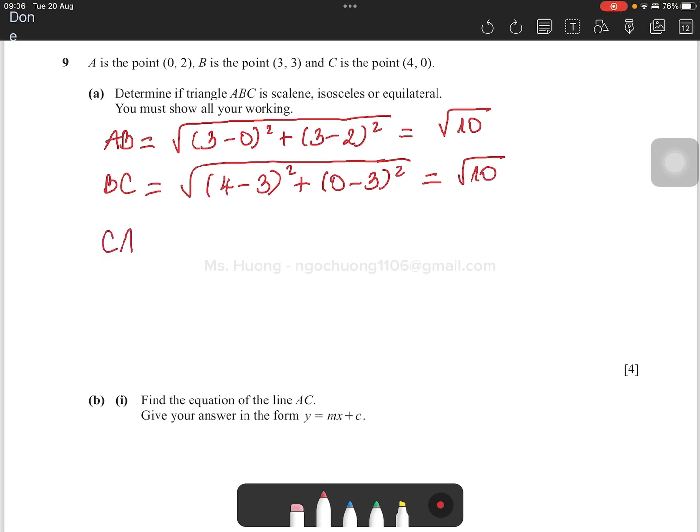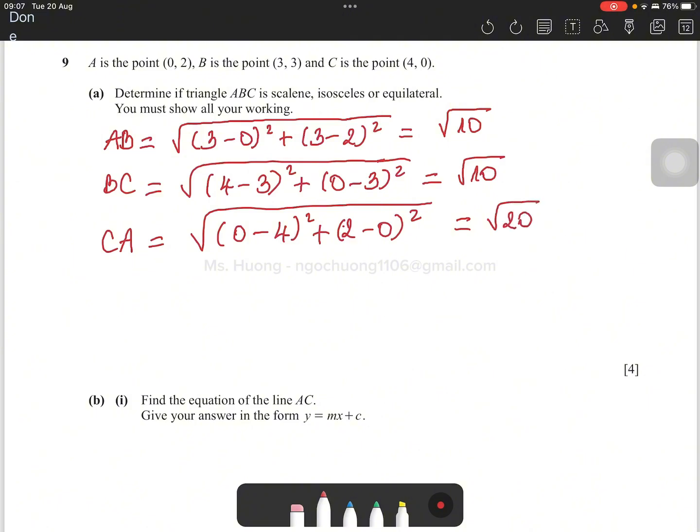Finally, CA is equal to the square root of XA minus XC squared plus YA minus YC squared. So this one is equal to the square root of 20. So we see that the sides AB and BC are equal to each other. So this means ABC is an isosceles triangle.